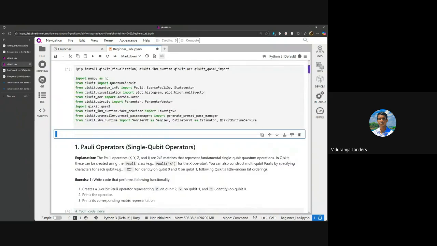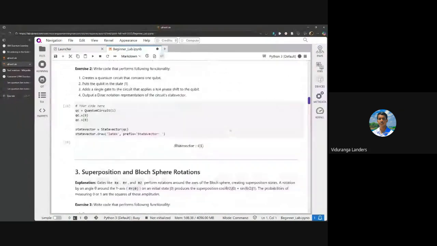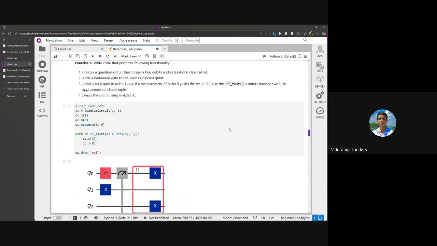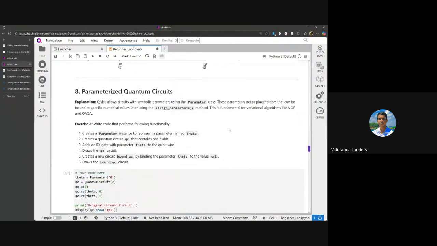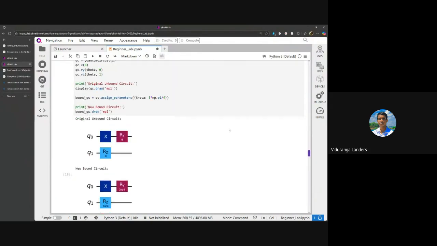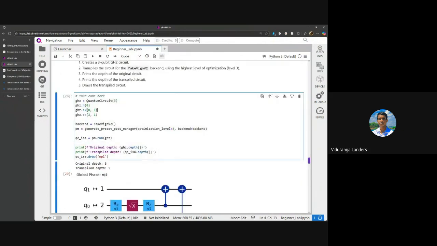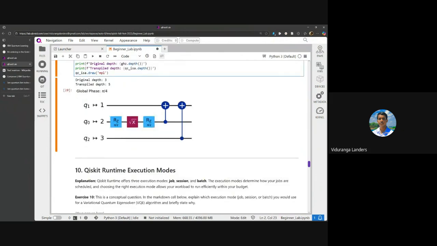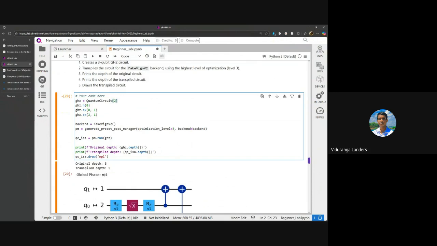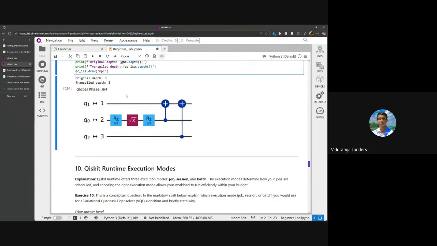Let me quickly execute this one again, and go to this part. Okay, so it was executed anyways. So this is what it has given us.